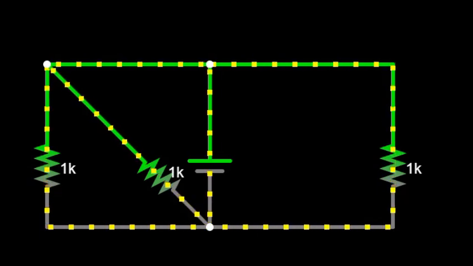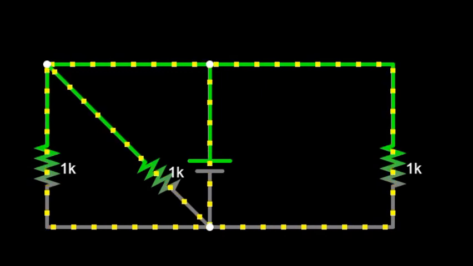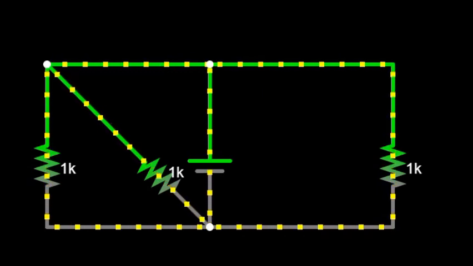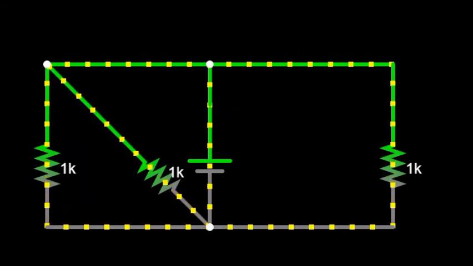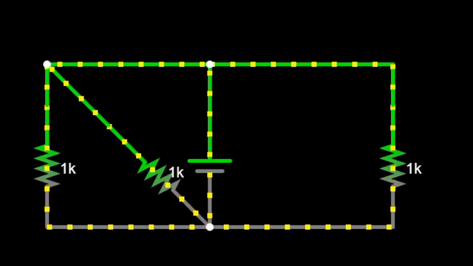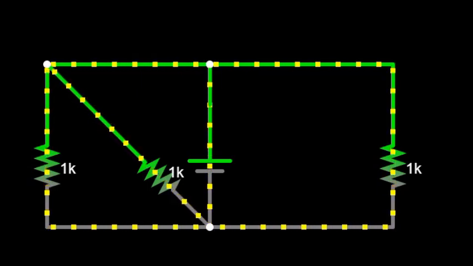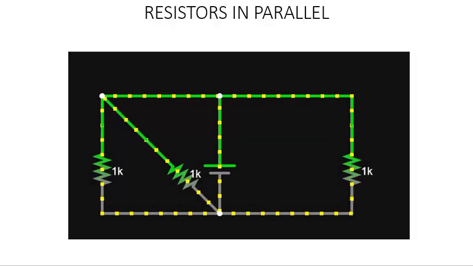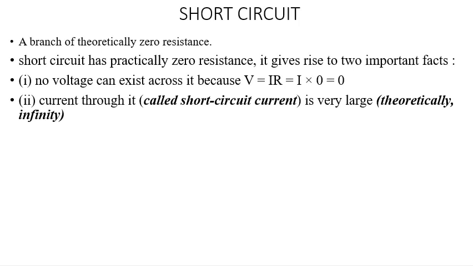We'll move on to one of the next important concepts, so that when we understand those concepts, we'll be able to solve questions. We will now look at some of the important concepts we need to be able to analyze circuits.